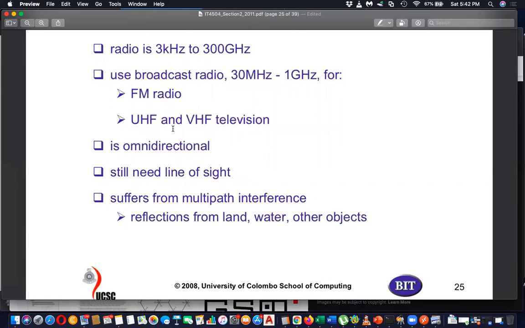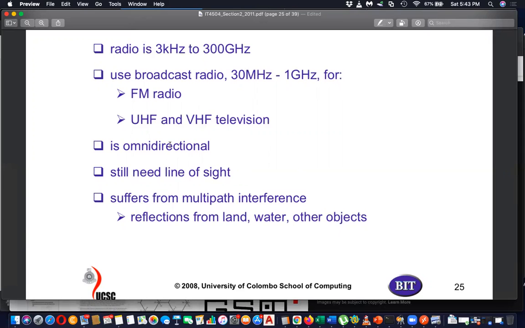FM is less affected by noise. AM channels are hard to listen to, the noise is a bit higher. FM is what is normally used. And it uses ultra high frequencies and very high frequencies. It's omnidirectional. The most important thing is that it's omnidirectional, going globally. But it also needs line of sight. Even though it's omnidirectional, it also needs line of sight.